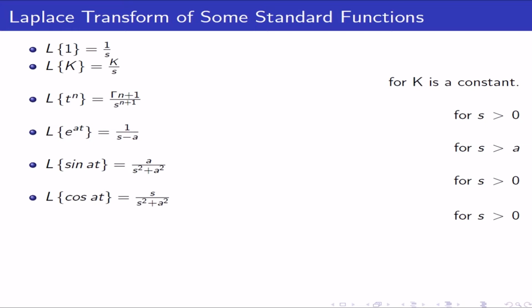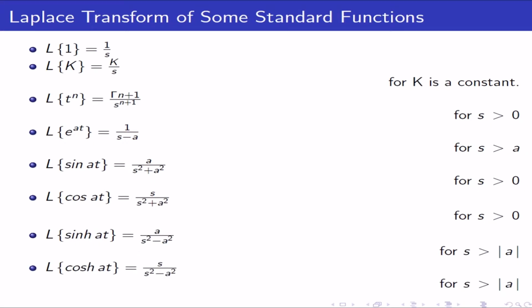After this, we saw the Laplace transform of hyperbolic sine and cosine. The Laplace transform of hyperbolic sine of at is equal to a upon s square minus a square for s greater than mod of a. And last, the Laplace transform of hyperbolic cos of at is equal to s upon s square minus a square for s greater than mod of a.